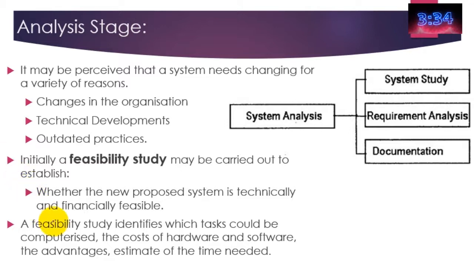The feasibility study's job is to check whether the new proposed system is technically and financially feasible. A company might ask you to write a program which just cannot be written because the technology doesn't exist, or the time is not sufficient, or the amount of money isn't, etc. So the analysis stage is checking whether or not it's possible for the system to actually be produced.